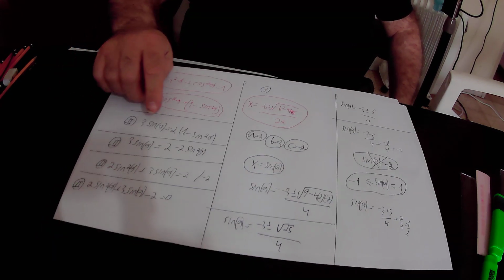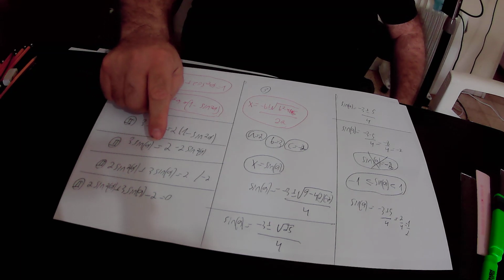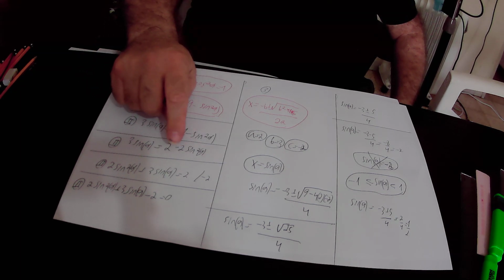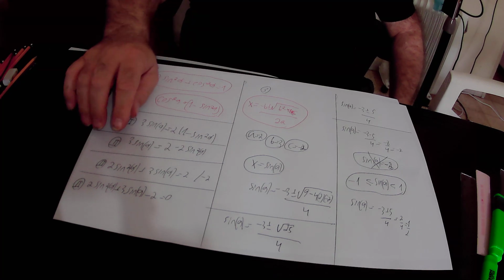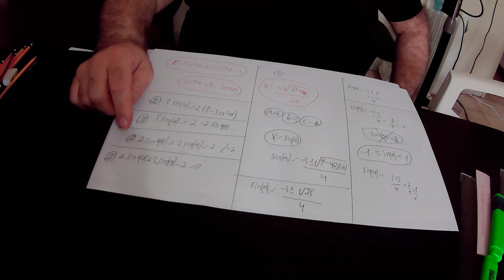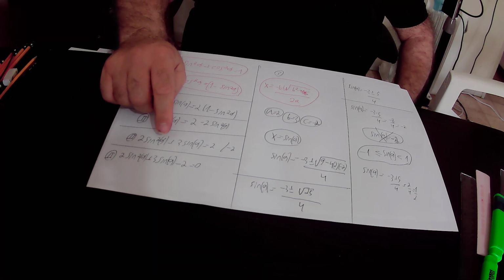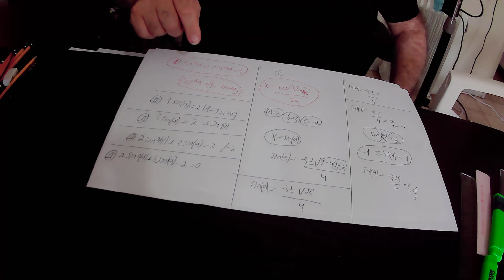We added 2 sine squared alpha to this equation and we got that 2 sine squared alpha plus 3 sine alpha equals 2. We subtracted 2 from this equation and we got the quadratic equation 2 sine squared alpha plus 3 sine alpha minus 2 equals 0.